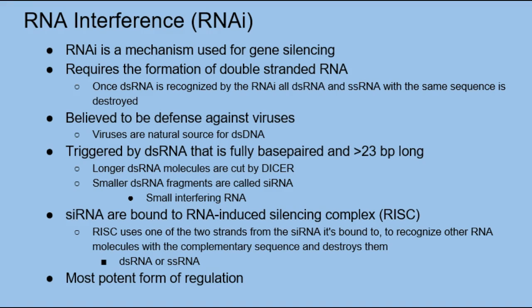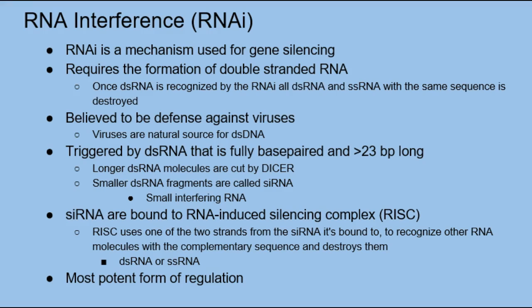Our next topic is RNA interference. RNA interference, known as RNAi, is a mechanism that is used for gene silencing. This requires the formation of double-stranded RNA. Once double-stranded RNA is recognized by RNAi, all double-stranded RNA and single-stranded RNA with the same sequence is destroyed.